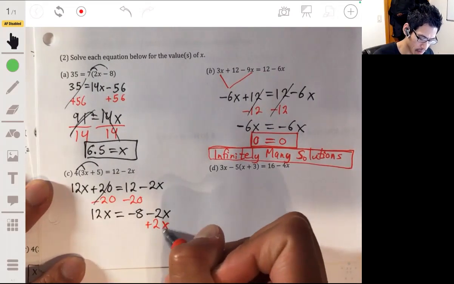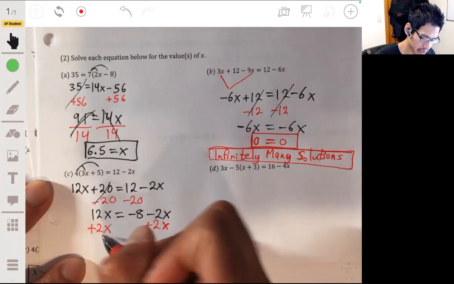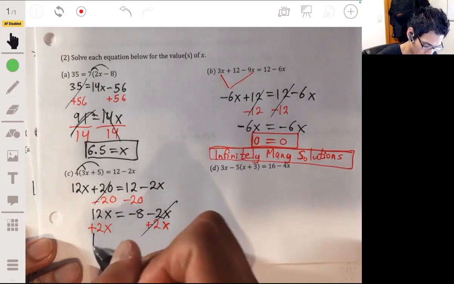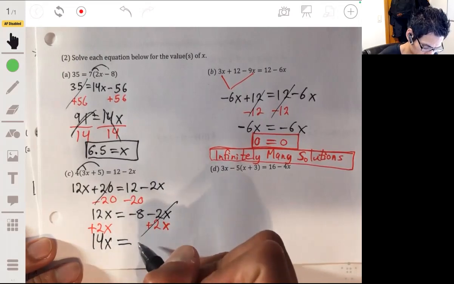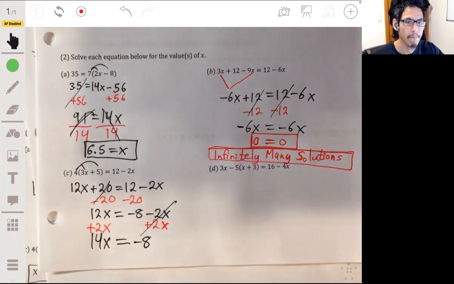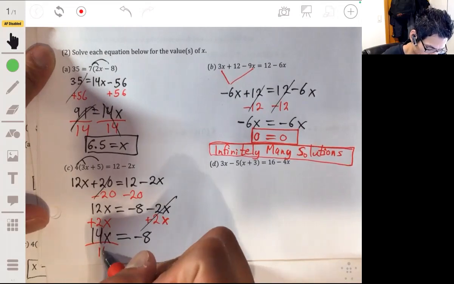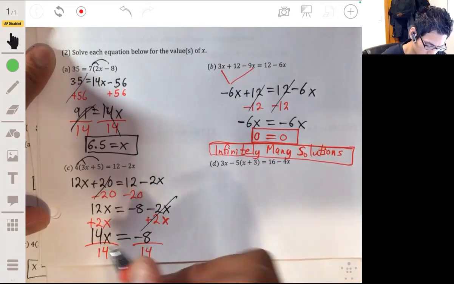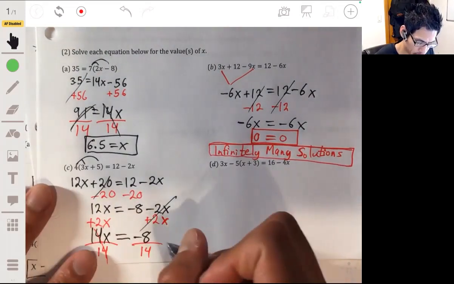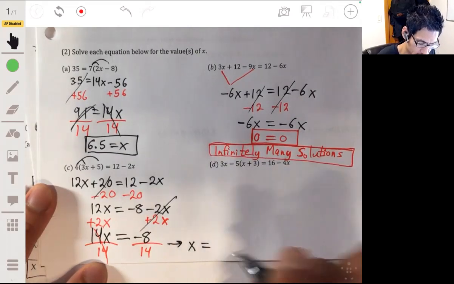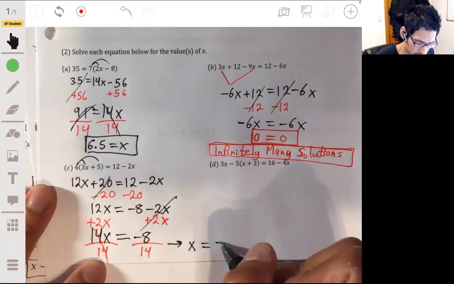Add 2x to both sides. We'll get 14x equals -8. Then divide both sides by 14. Reducing, we'll get x is -4/7.